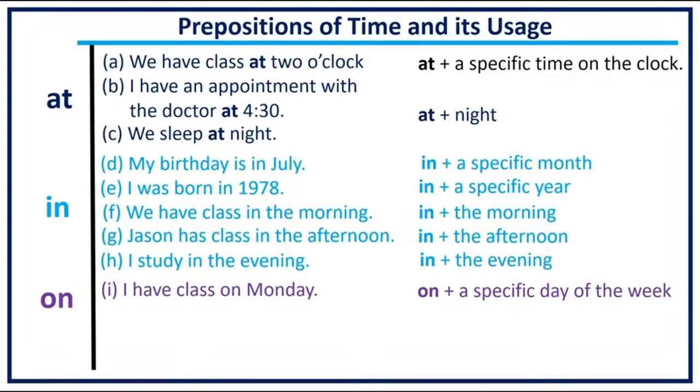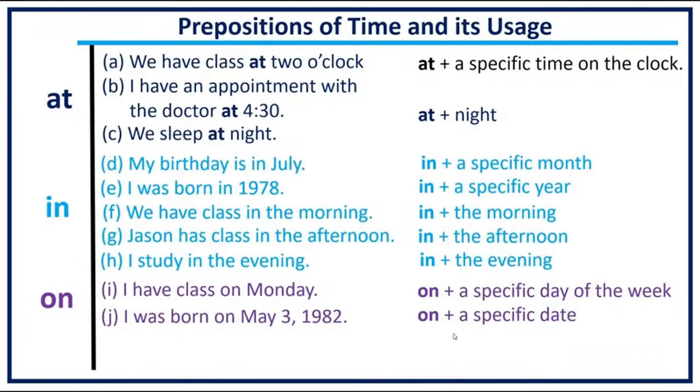Alright? Next usage of the prepositions of time "on" is I was born on May 3, 1982. So, it is the date. Alright? May 3, 1982. So, usage of preposition "on" is for a specific date.